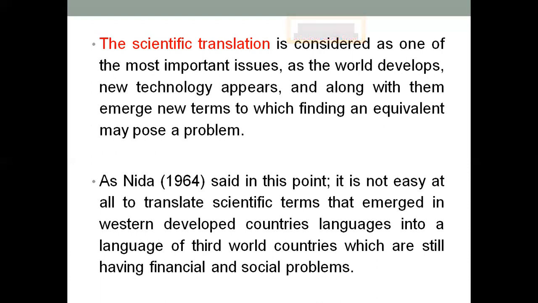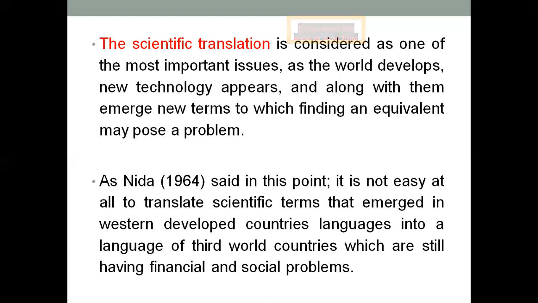Actually, Nida highlights this point, comparing between shedding the light on the translation from the developed countries or the Western countries into the translation from developed countries' languages into the third world languages, because developed countries are usually characterized by scientific discoveries, scientific theories, putting in new scientific theories and new technological devices, while the third world countries lack these technological abilities to produce or invent new inventions or to make new discoveries.